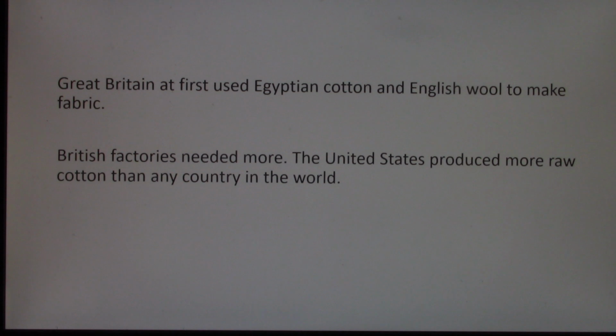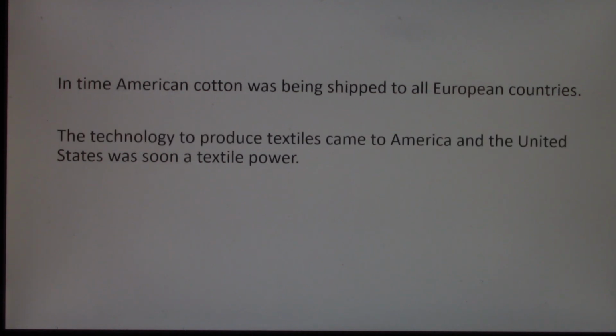It is said that cotton became king in the United States. The American cotton was so great that it was more than what the Americans could turn into textile, so our cotton was shipped to European countries.